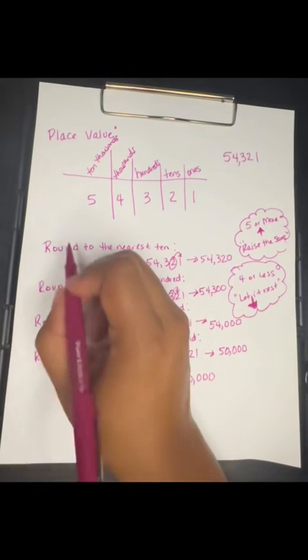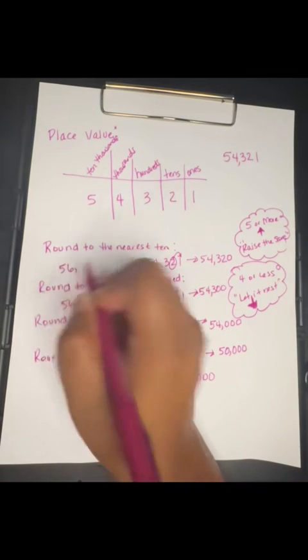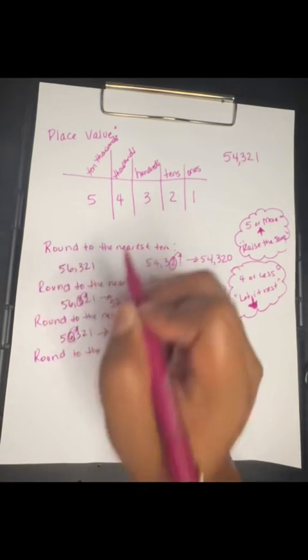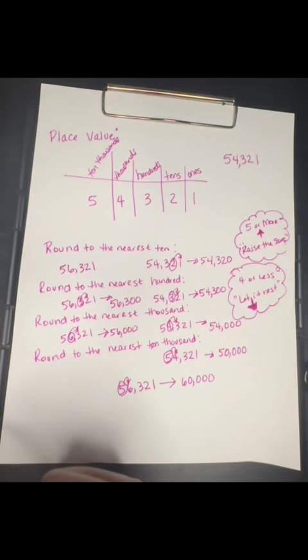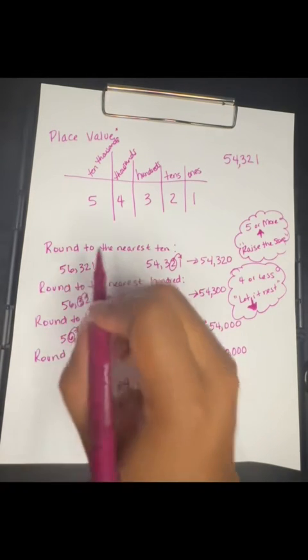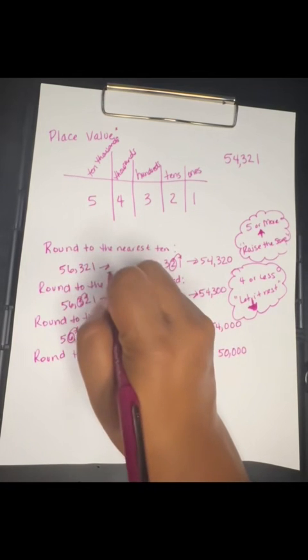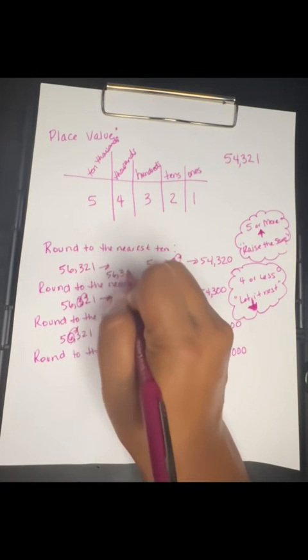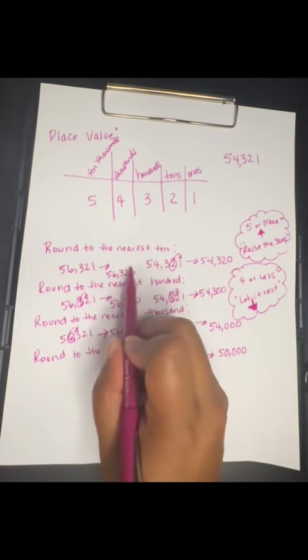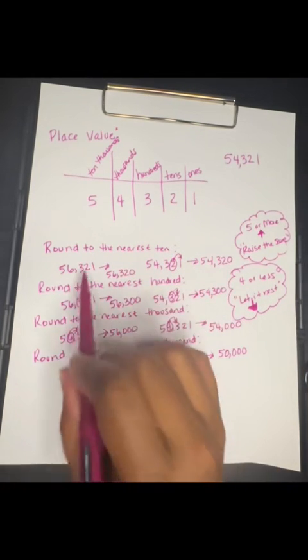And if we rounded to the nearest 10, having that 6 as the thousands digit, again, we would end up with 56,320. This would be unaffected because those digits are still the same.